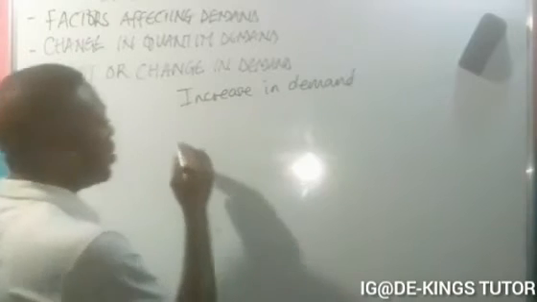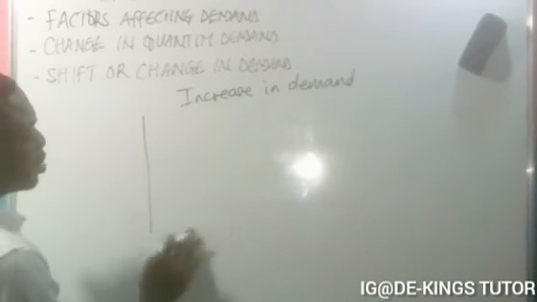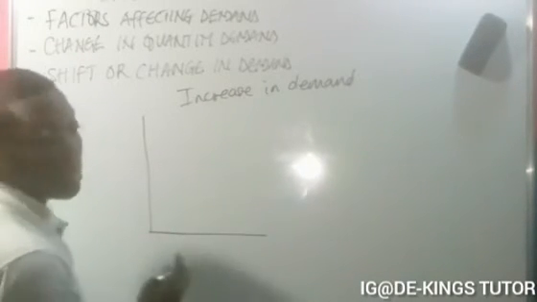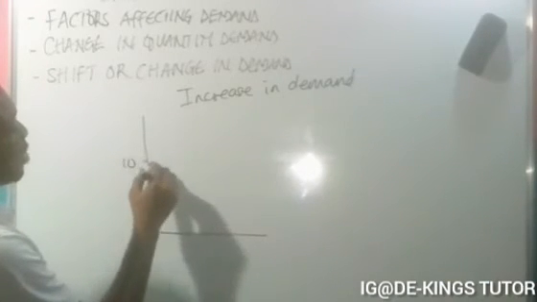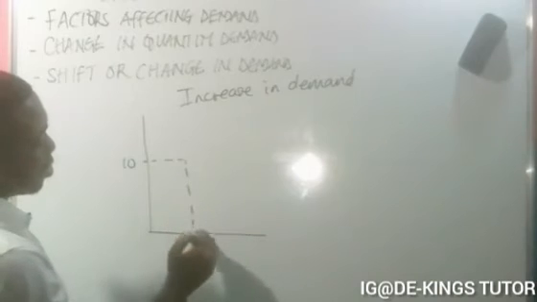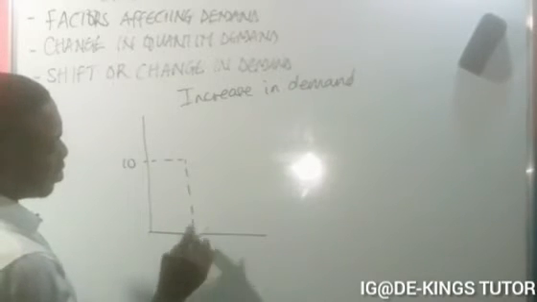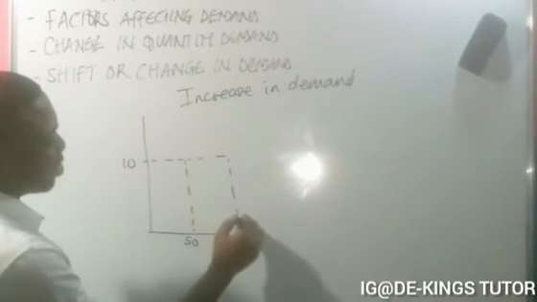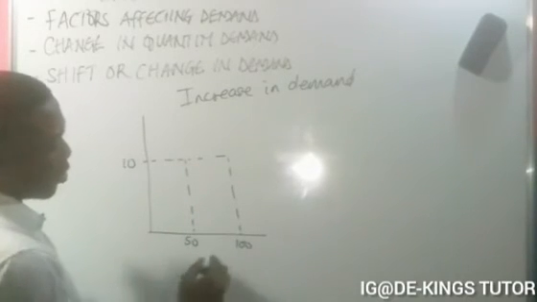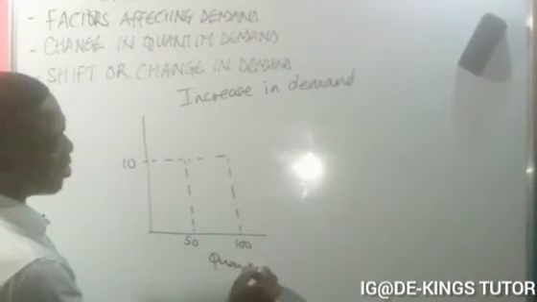Now look at how it looks in the demand curve. This can be 50 and this can be 100. That's the quantity.